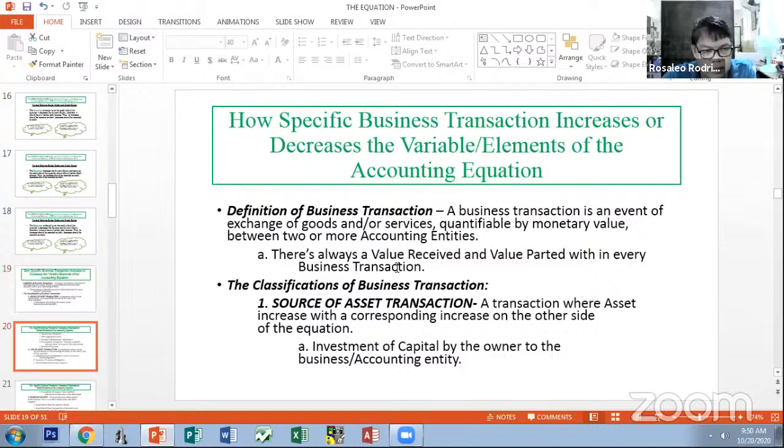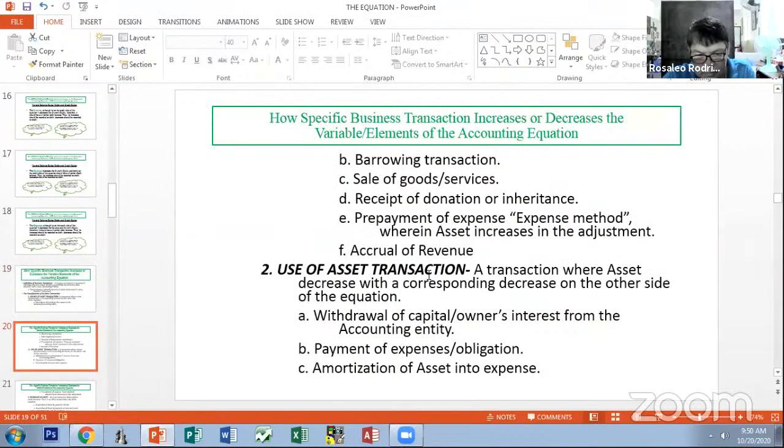Then we also have this use of an asset. Use of the asset of whom? Of the accounting entity. So the use of the asset of the accounting entity decreases the asset of the accounting entity. In the analysis of the transaction, you have to know whether a transaction decreases the asset of the accounting entity we are accounting for.